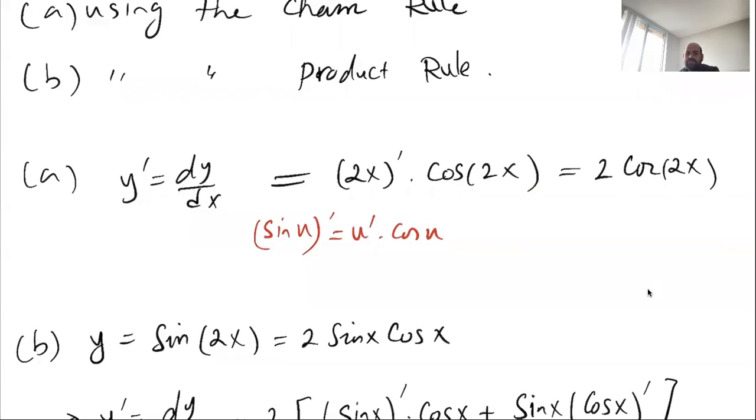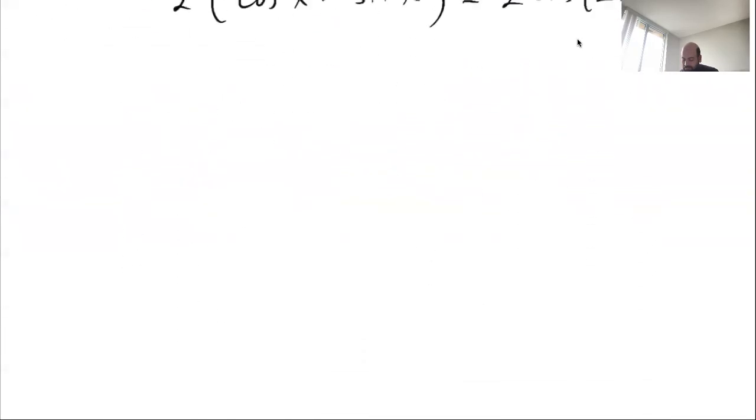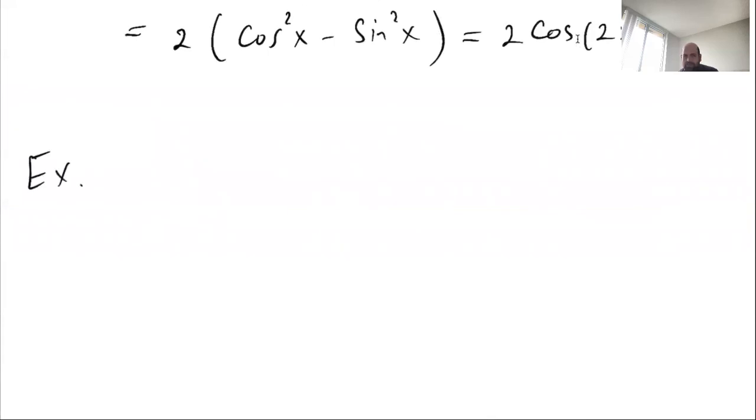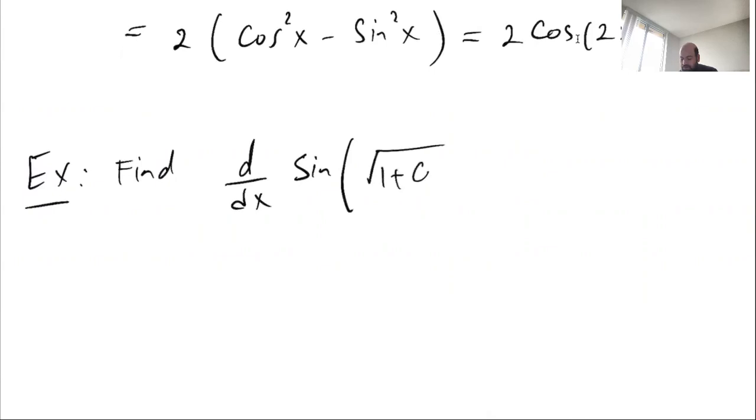All right, so let's look at the next example. Find d/dx of sine of the square root of (1 plus cos x). We want to find the derivative of this function. What is the function?